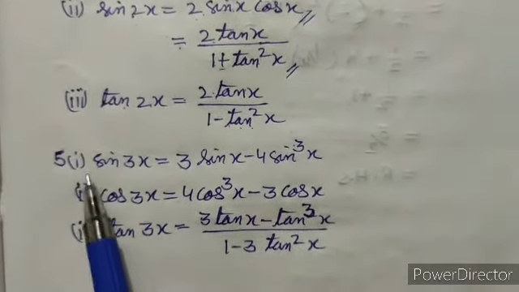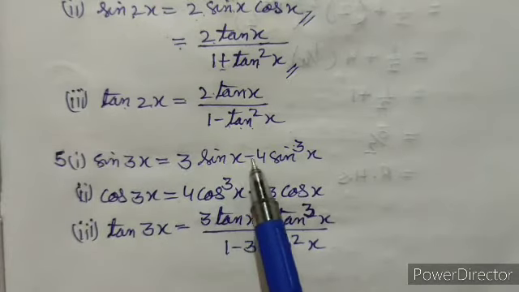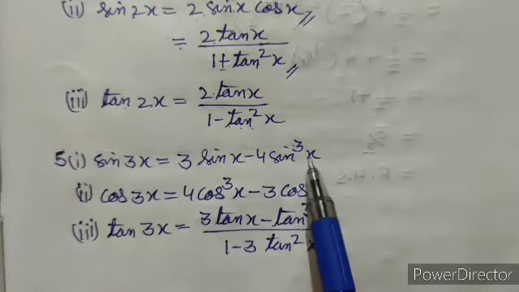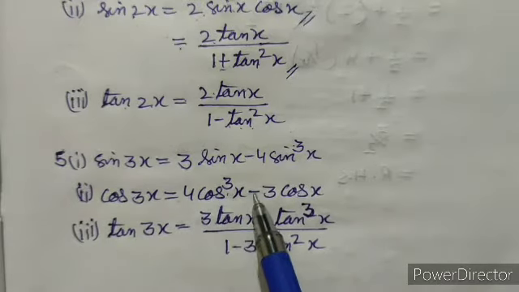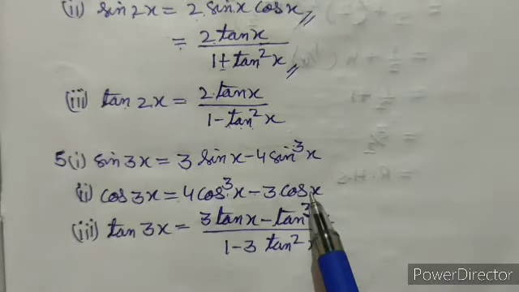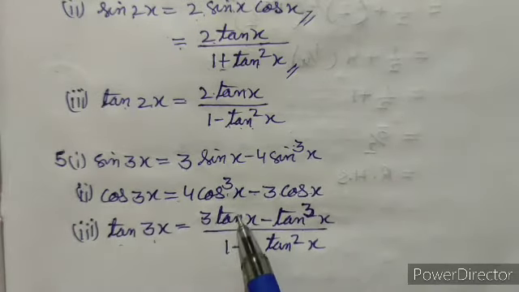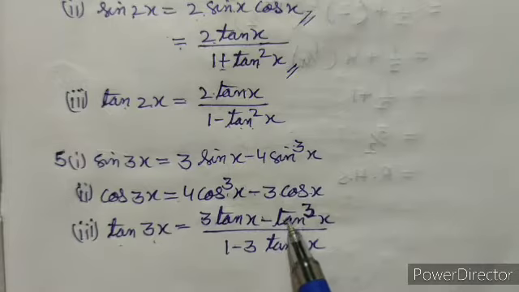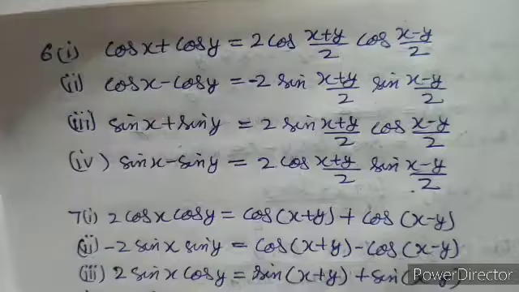Now the fifth one, sin 3x is equal to 3 sin x minus 4 sin cube x. Cos 3x is equal to 4 cos cube x minus 3 cos x, and tan 3x is equal to 3 tan x minus tan cube x upon 1 minus 3 tan square x.